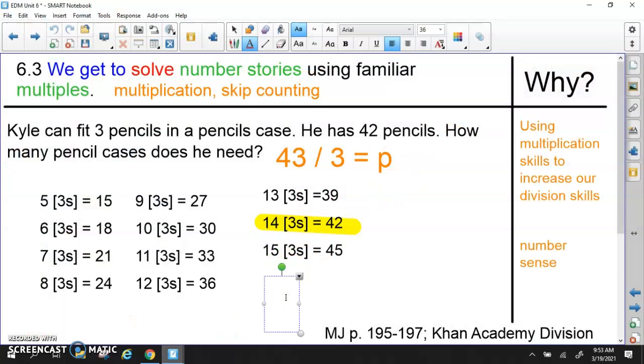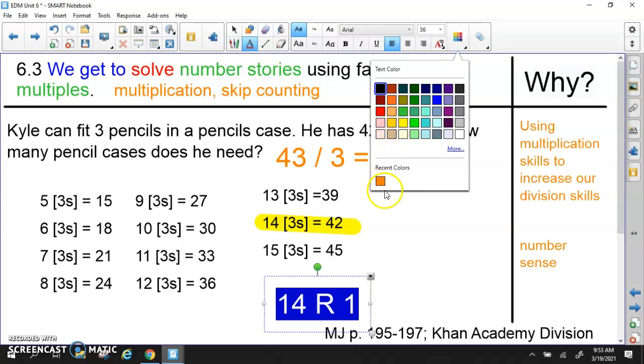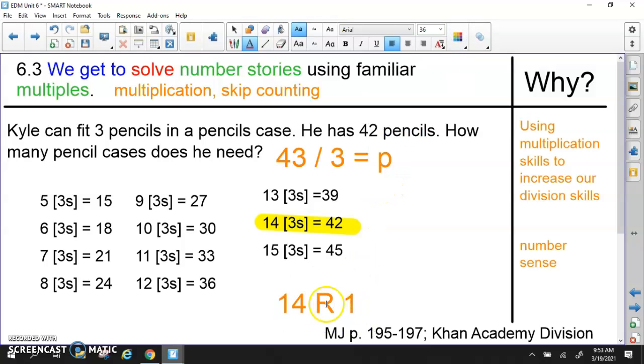So the answer for this, what would it be, Liam? 14 remainder 1. This one wants a capital R. I've seen it lowercase r, which I think would be fine.